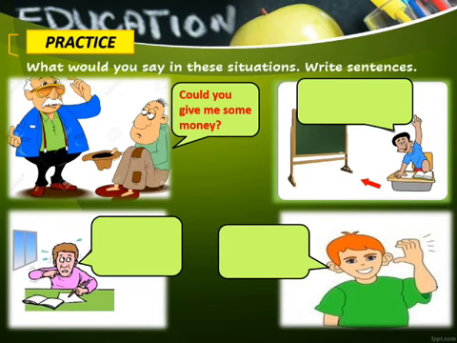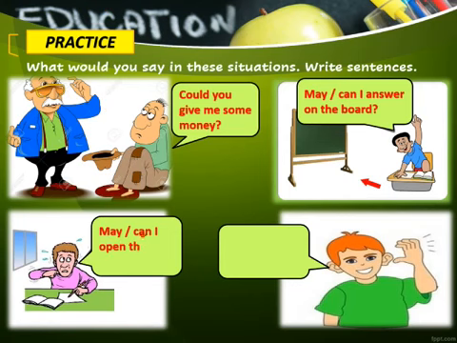Let's look at picture number 2. It's clear that the student is raising his hand as he wants to go to the board or to answer on the board. So he's asking for permission. An example is, may I, or can I go to the board, or can I answer on the board?